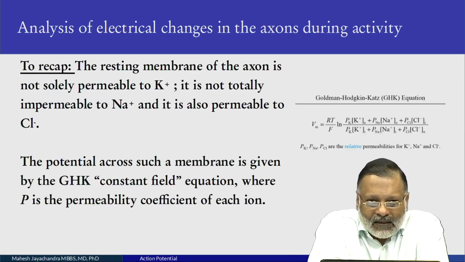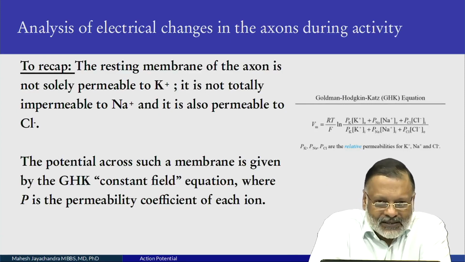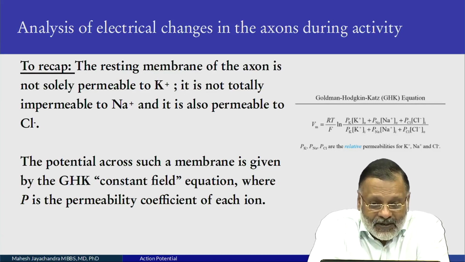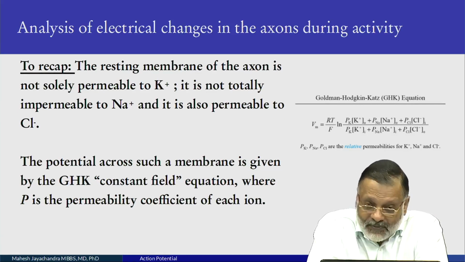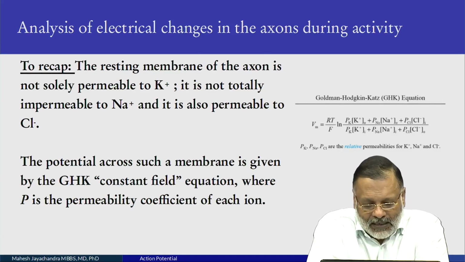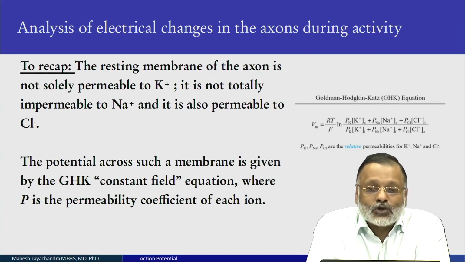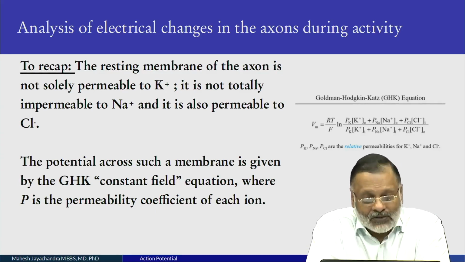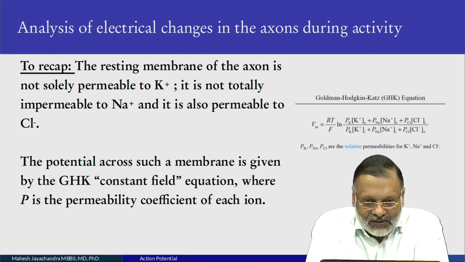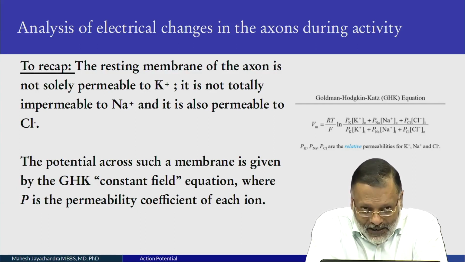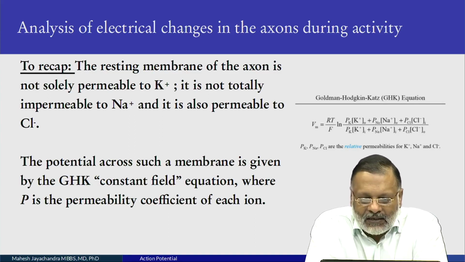So let us analyze some electrical changes in axons during activity. First, to recap, the resting membrane potential of an axon is not solely permeable to potassium; it is not totally impermeable to sodium, and it is also permeable to chloride. So the potential across such a membrane is given by the GHK field equation, where P is the permeability coefficient of each ion, or the conductance.